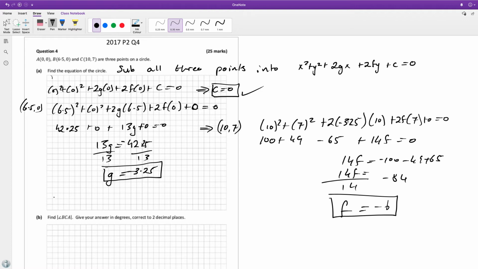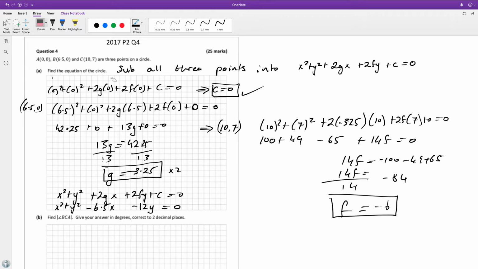So the formula for the equation then is x squared plus y squared plus 2gx plus 2fy plus c is equal to 0, which is x squared plus y squared, g multiplied by 2, minus 3.25 multiplied by 2 is minus 6.5x, plus minus 12y, plus 0 is equal to 0.